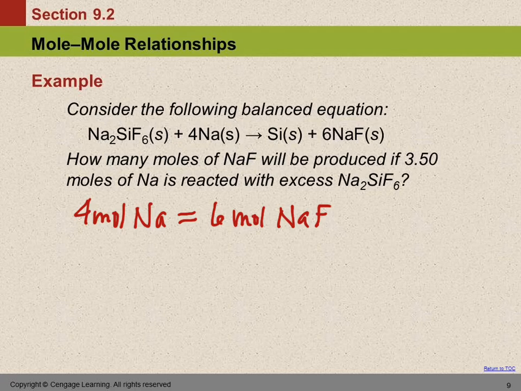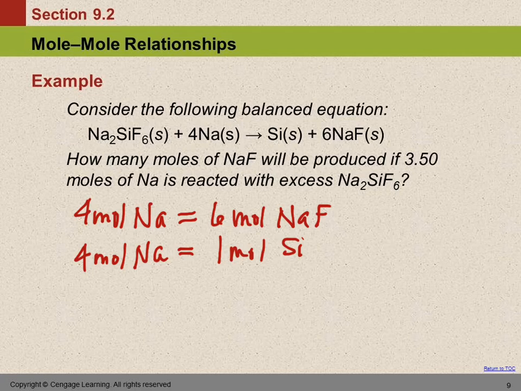It's only true for this reaction, but we could also say that 4 moles of sodium would equal 1 mole of silicon. Because what the equation tells us is that if we react 4 moles of sodium, we will get 1 mole of silicon. And so those are equal, and those are conversion factors.